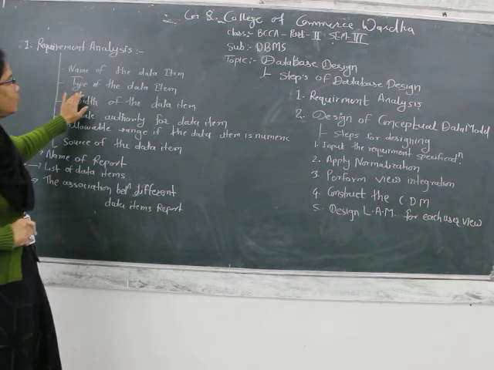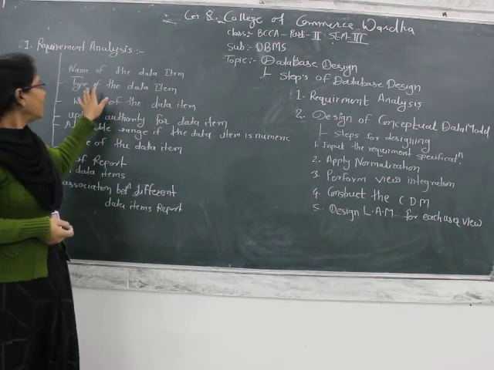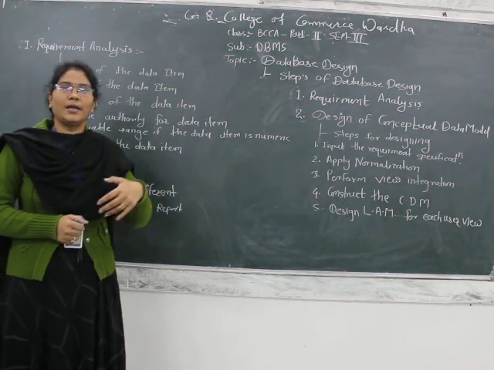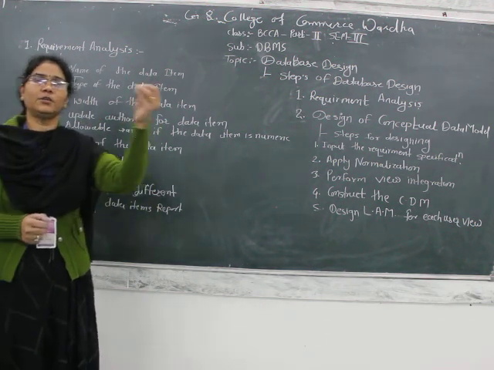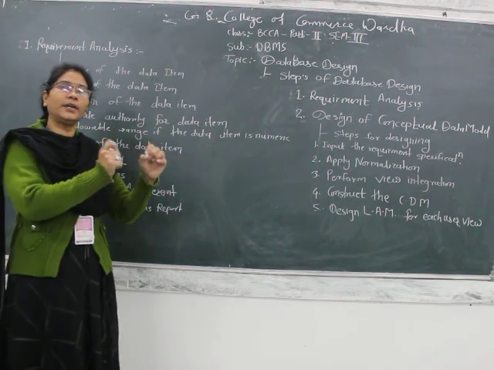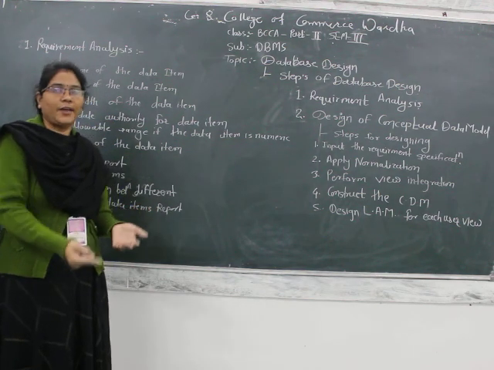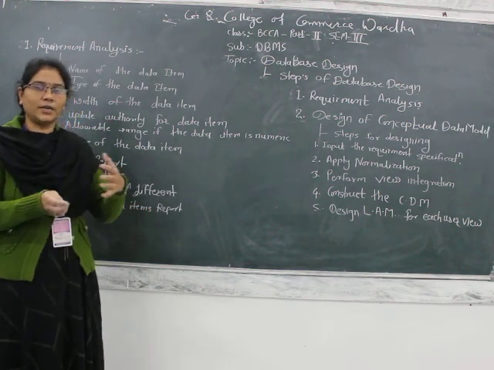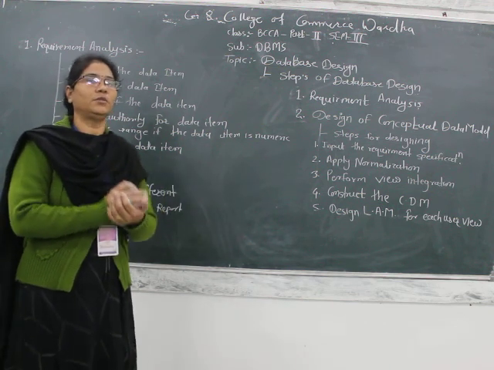After that I have to decide the data type, or type of the data item. Like I want to store the name of that particular student, then I have to create that field in the type of string. If the data type of that field is numeric, then I can't store the name of the student.